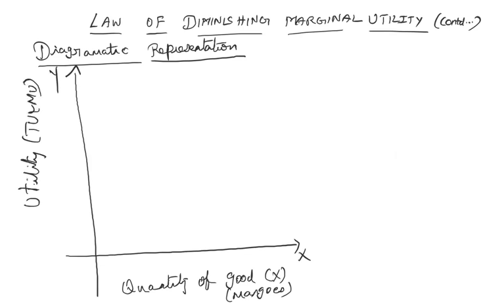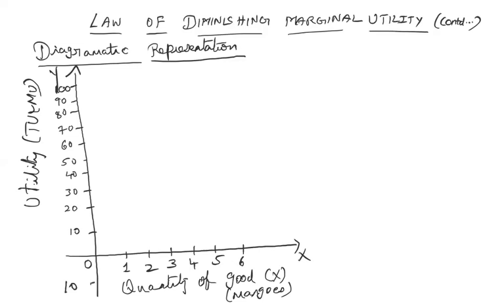If you are plotting the points as per our table, we have from 10, 20, 30, 40, 50, 60, 70, 80, 90 and 100. Then on the x-axis, the units of commodity consumed. In our example, we have taken up to 6 mangoes: 1, 2, 3, 4, 5 and 6. And negative satisfaction, minus 10.